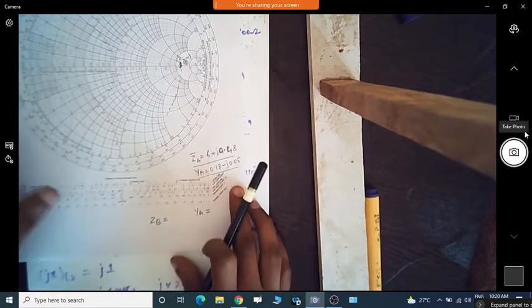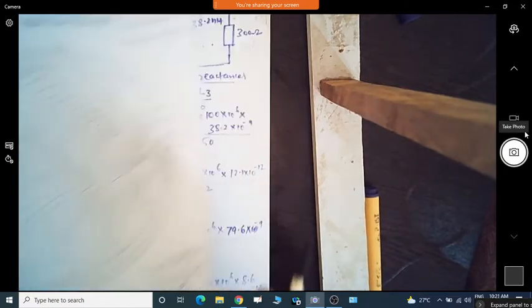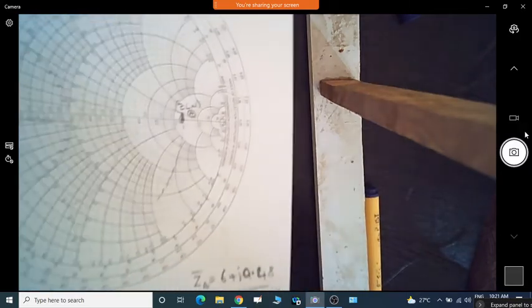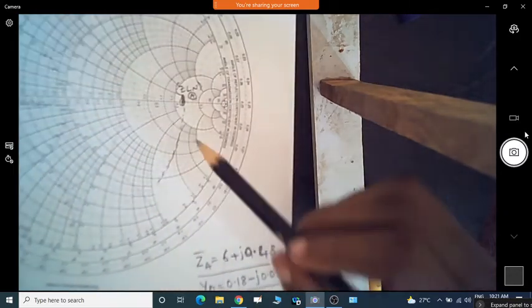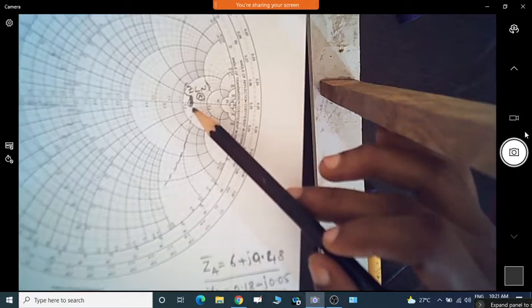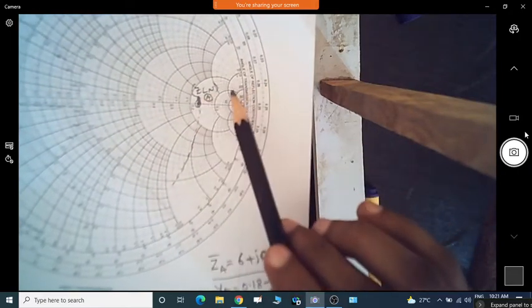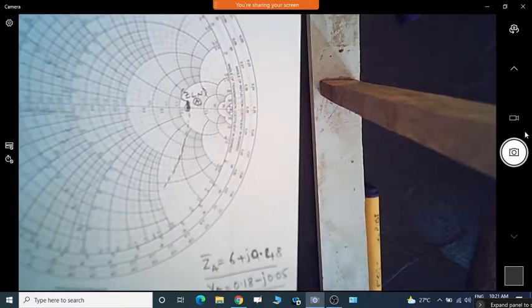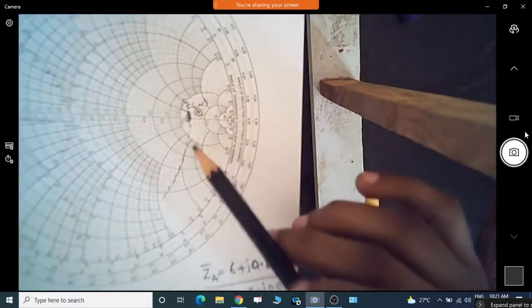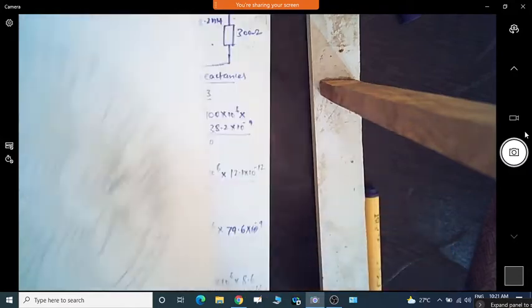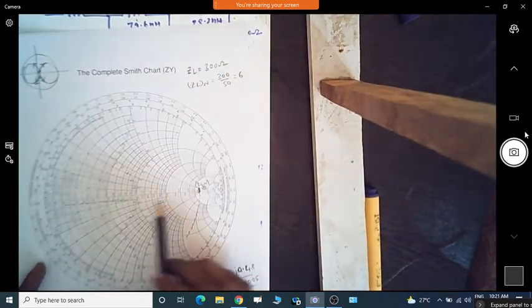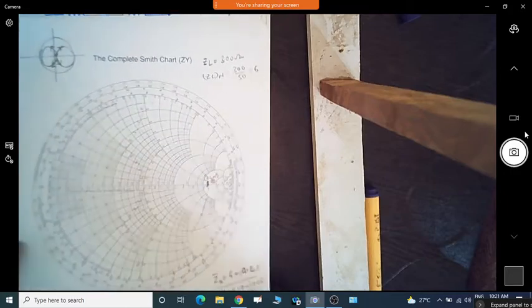I cannot focus the camera on it, but I can tell you. First we find the ZL normalized value. If I take the value of ZL, which is not 300, somewhere in between, let us do it for 300 itself.